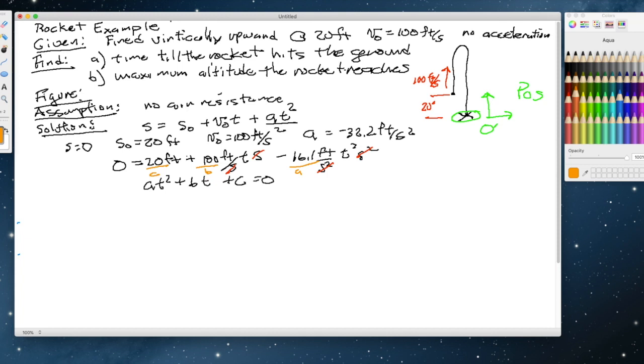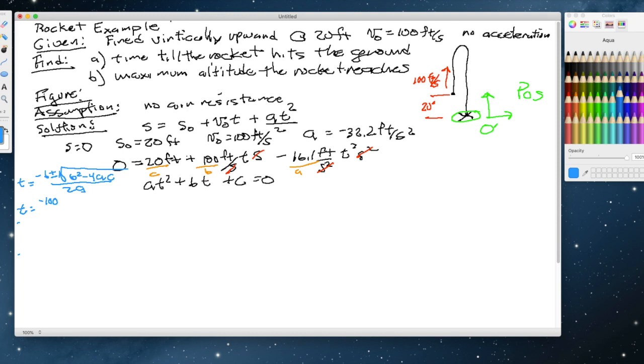And this will have solutions of the form for time will equal minus B plus or minus the square root of B squared minus 4AC, all over 2A. If we plug those numbers back in, we'll end up with T equals minus 100.